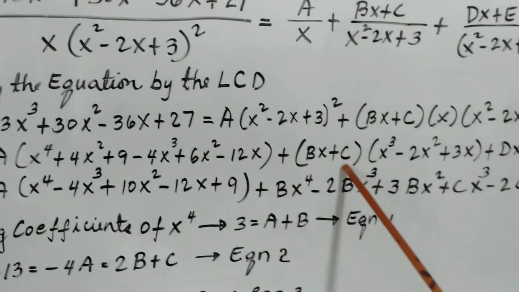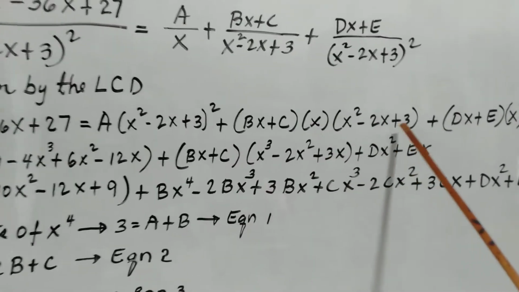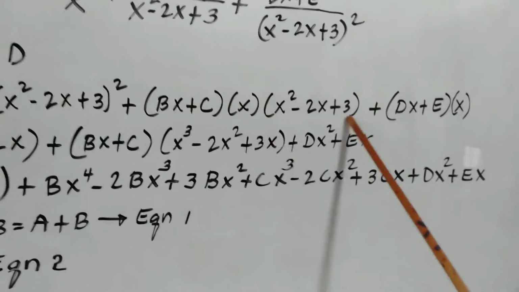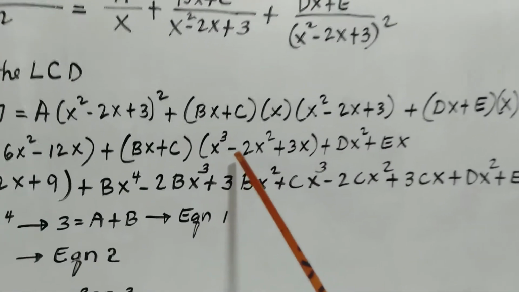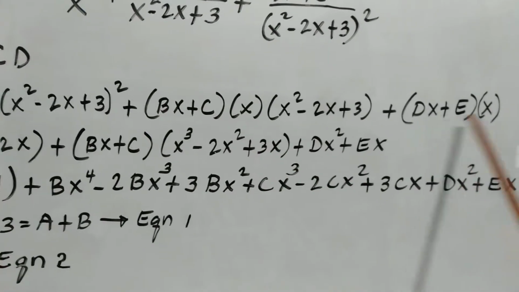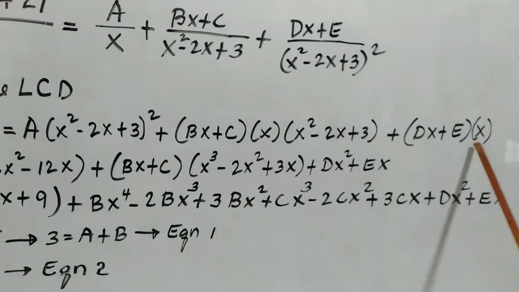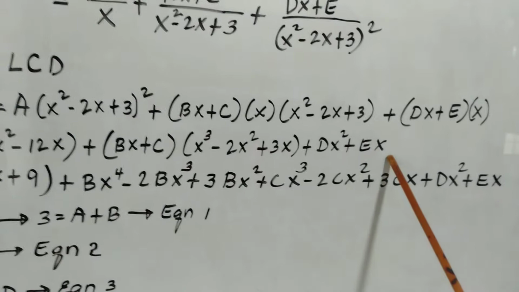Plus Bx plus C, and then we multiply x by the factor x squared minus 2x plus 3. We get Bx plus C times quantity x cubed minus 2x squared plus 3x, and for this one, you just distribute this x inside the parentheses, and we get Dx squared plus Ex.